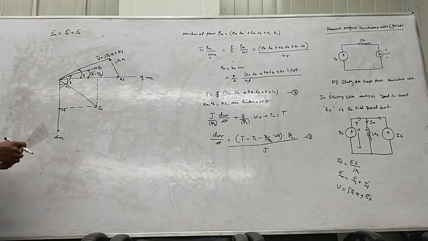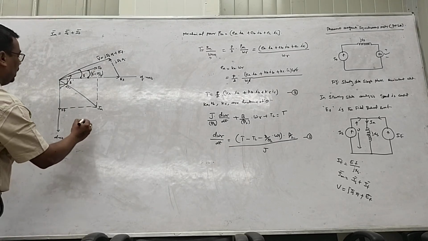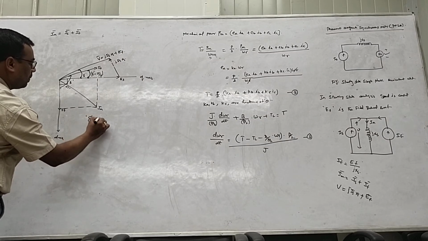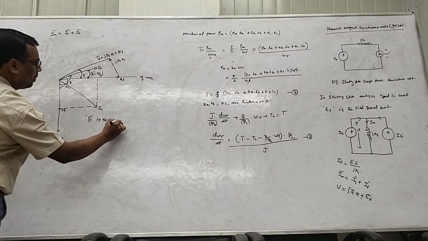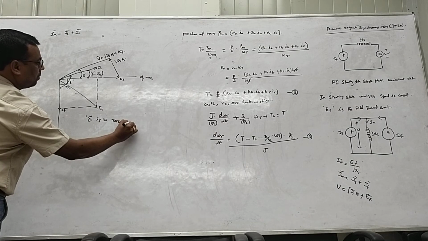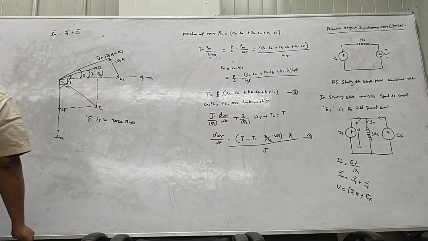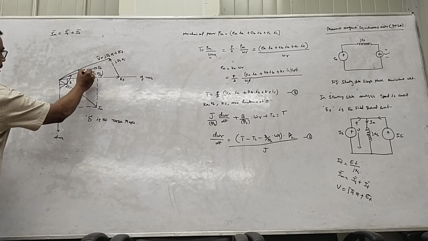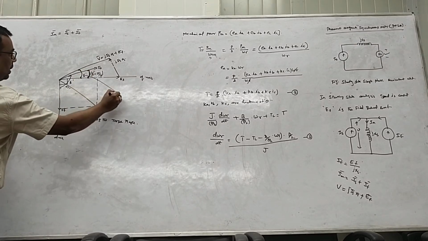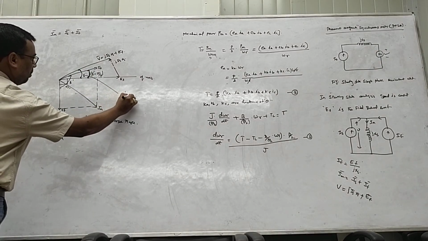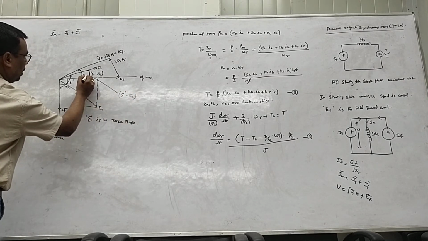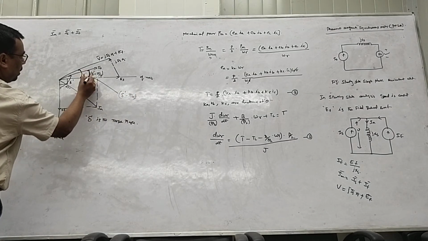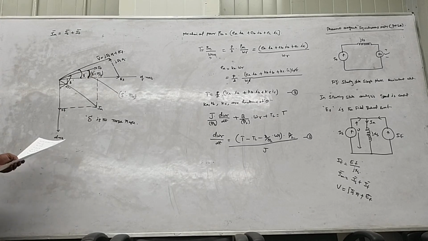From this, delta is the torque angle. This particular drop is delta prime minus pi by 2.